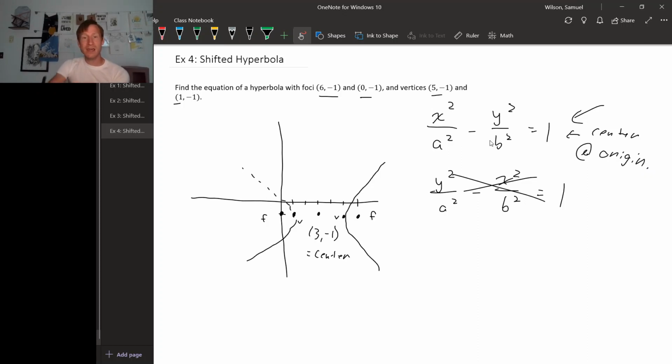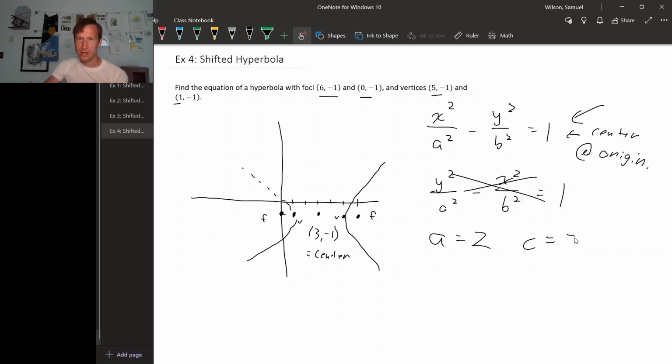Now remember, a in a hyperbola is the distance from the center to a vertex, and we know that. It looks like that's 2. But b, we don't know, but we do know the focal distance for this hyperbola. That's the distance from the center to a focus, and that is 3.